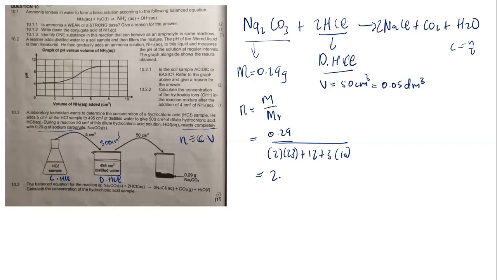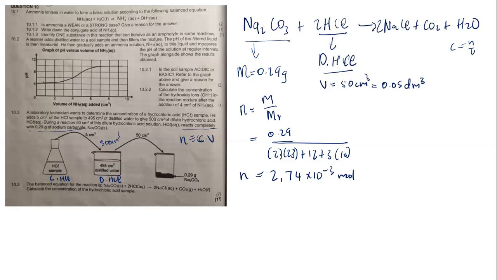I get, to 2 decimal places, 2.74 times 10 to the power -3 moles. Okay, so this is the number of moles of what? Of sodium carbonate. Now let me determine the number of moles of HCl.